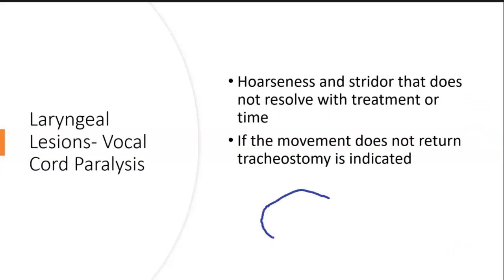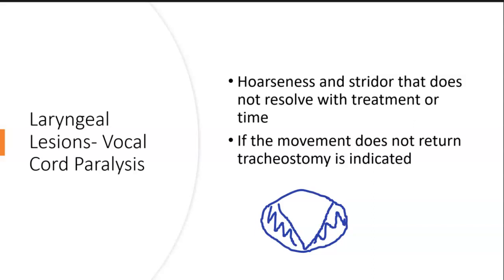So if you think about your airway, this is your trachea, right? And when we look down into our trachea, we see our vocal folds. So this is tissue here, this is tissue here, and then this here is my glottic opening. All right, so typically they're going to be open during inspiration.